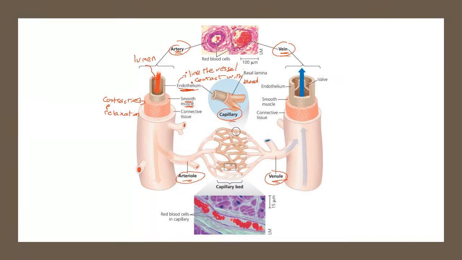The two words are vasoconstriction and vasodilation. What causes vasoconstriction? What causes vasodilation? The muscle. It's able to contract and able to relax, or the vessels can relax.